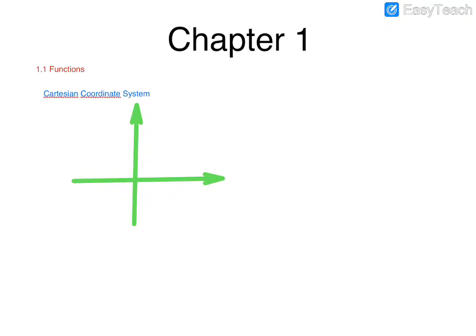Let them cross through their origins, let's indicate here. I would like to change the color. So this is their intersection, and it is called the origin.